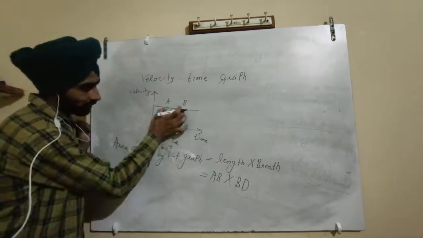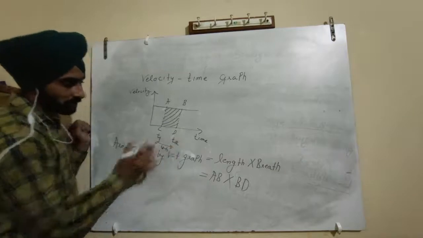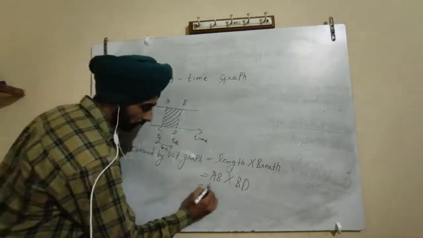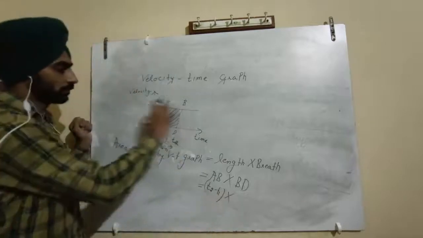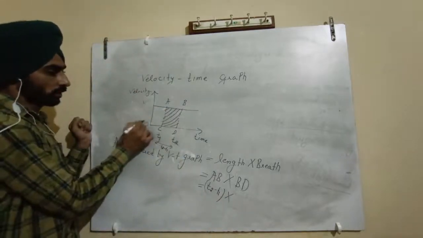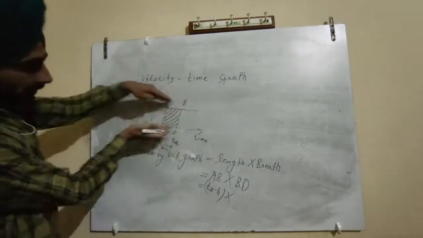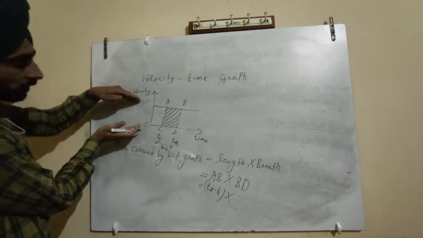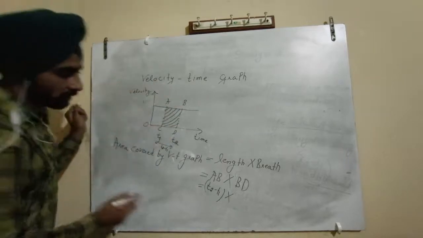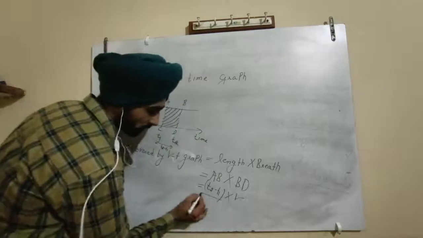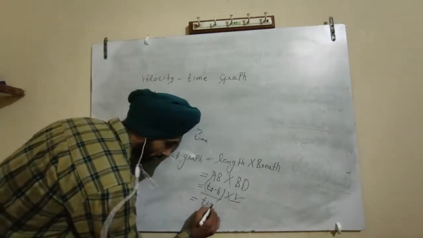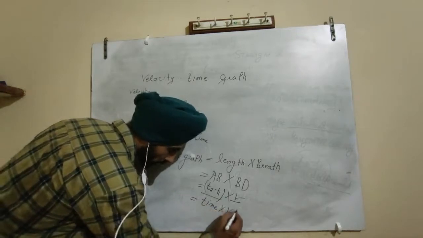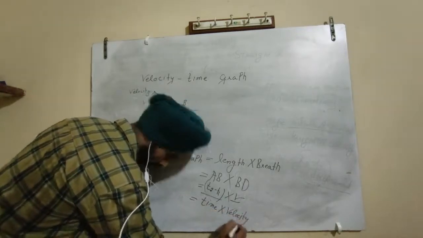So AB is having this value, that means T2 minus T1. And what is this BD? Suppose it is having V velocity. The value of BD will be V. So this is time and this is velocity. Write it as time into velocity, like this.